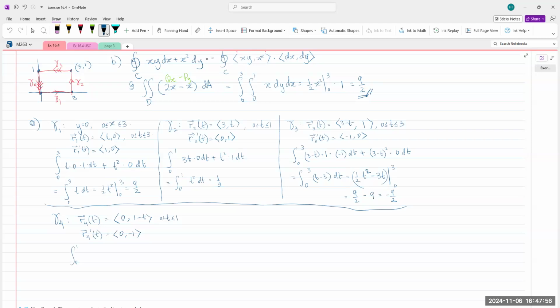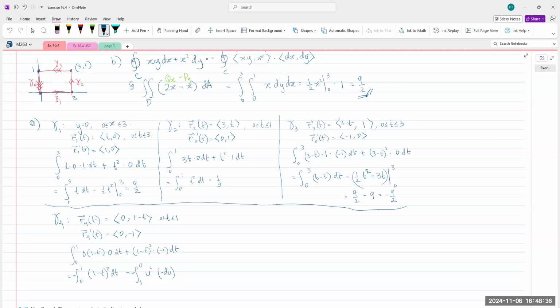The integral from 0 to 1 of xy dx plus x squared dy is equal to the integral from 0 to 1, pulling the negative out, of 1 minus t squared dt. Actually, I will do a substitution: integral from 1 to 0 with a negative, u squared negative du.